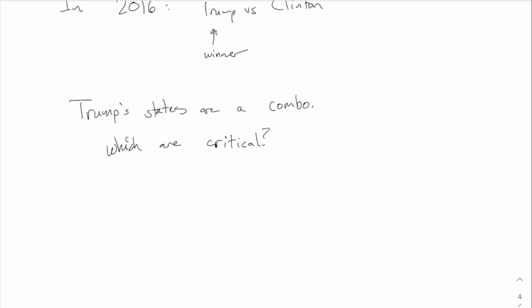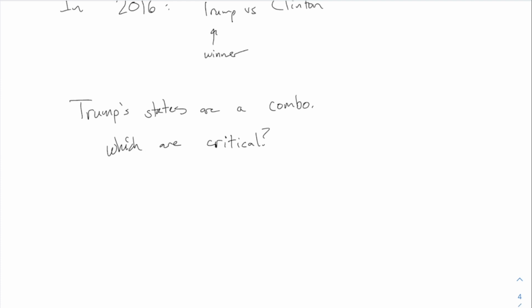What about Florida? Past the line or no? I see Florida has 29. If you do 306, and take away 29, he would still be making it. But how do you know, for example, that Florida or Pennsylvania are not critical? You would just think about, what would happen if Trump lost Florida?